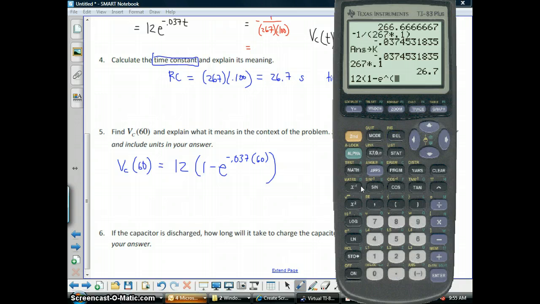I'm going to be able to take the shortcut of just plugging in K times 60.